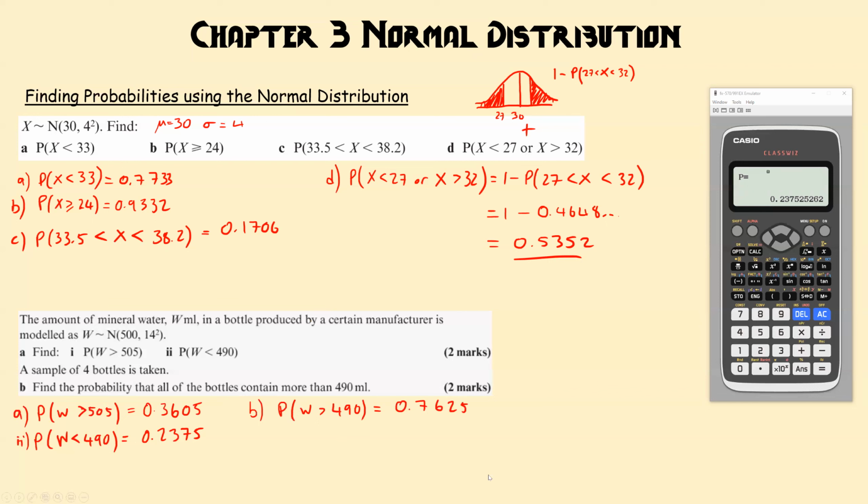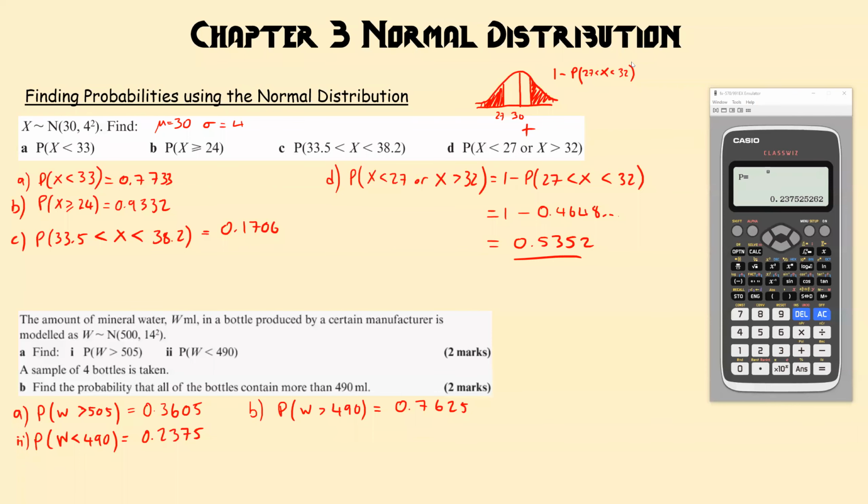So that's the probability of getting more than 490. Now we want to use that in order to find all 4 of them having that same result. Each bottle's independent, and I want a sample of 4. So I want to check the probability of 1, then the probability of the next, and then the next, and then the next. Sorry if that's flickering there. Okay, so the probability of 1 bottle is 0.7625.